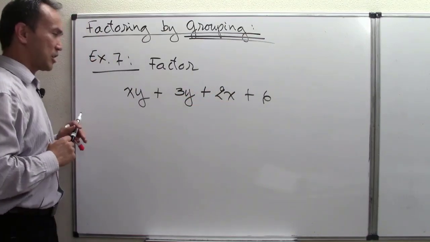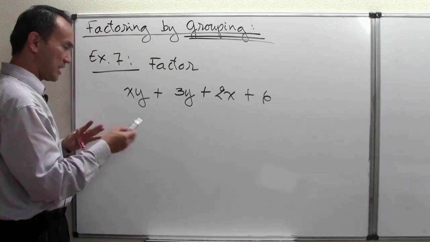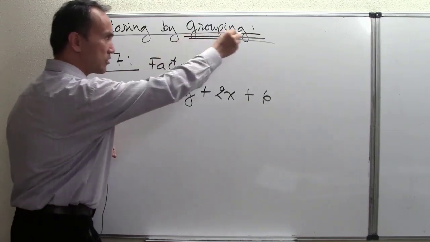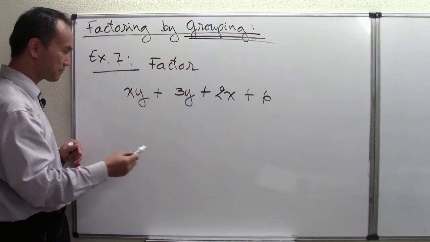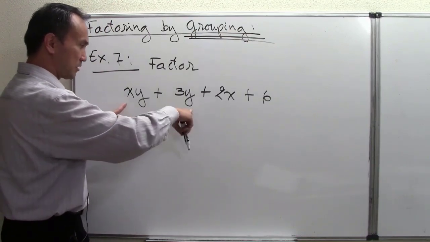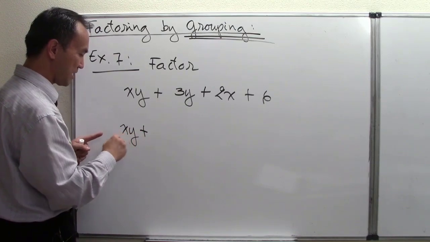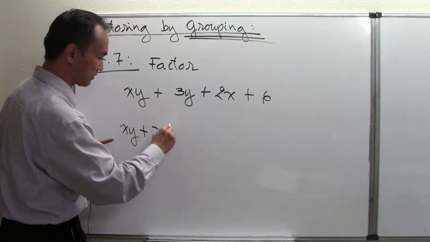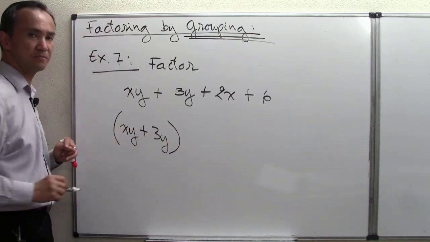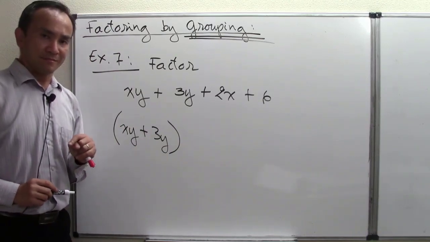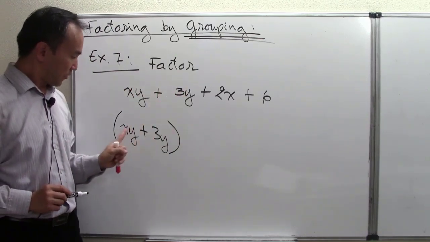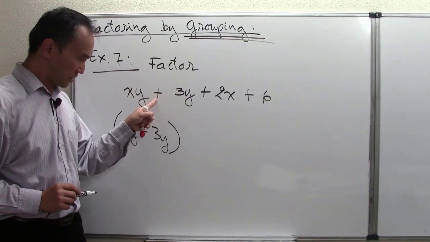In that way, here's how factoring by grouping works. I'm going to group xy and 3y as one group: positive xy and positive 3y, because of that sign.